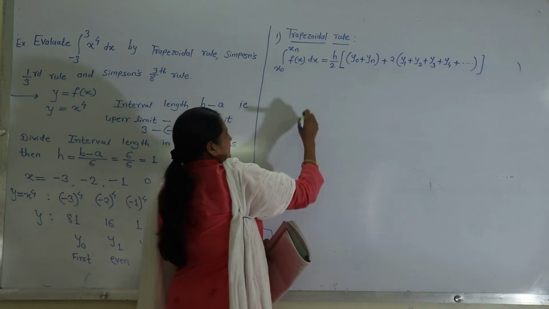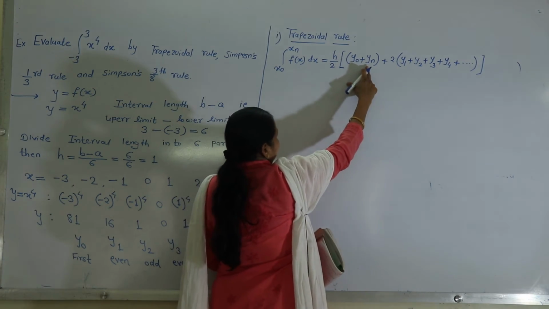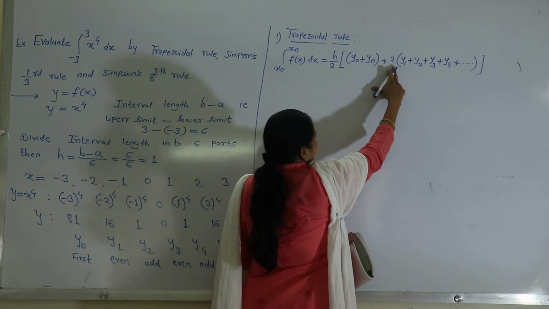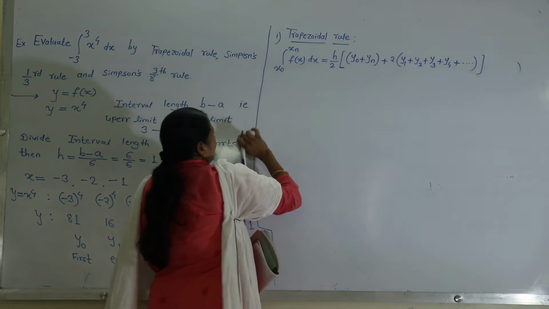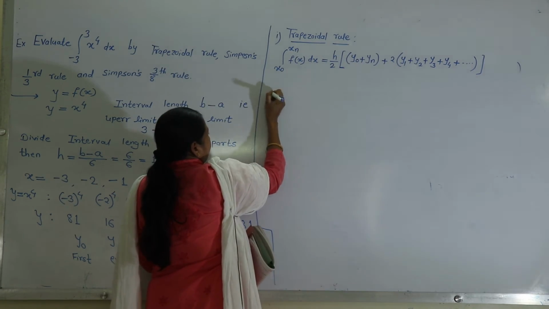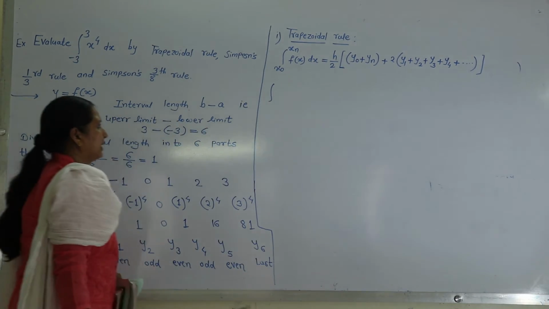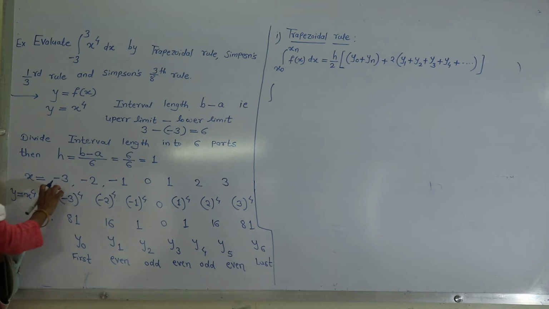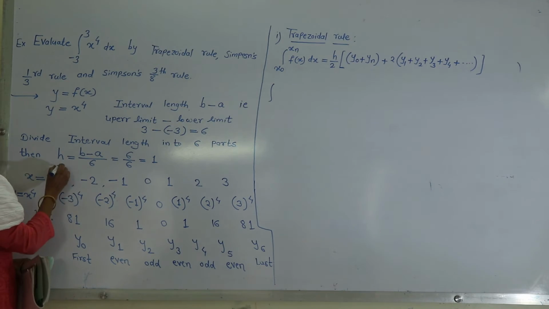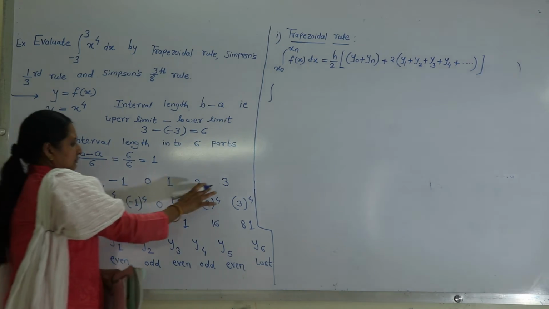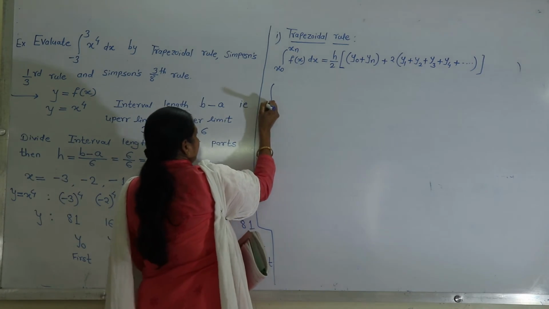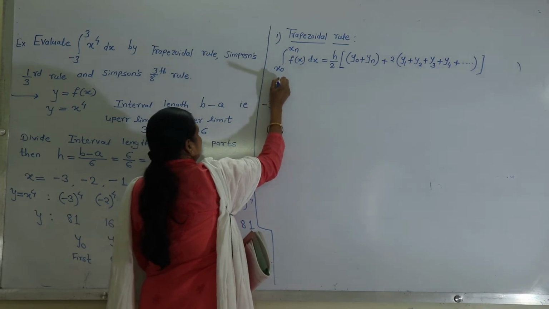Now we have to remember this as first plus last ordinate, plus 2 times the remaining ordinates, and h by 2 value. Now x0 means the first value of x, that is the limit. This is x0 and the last is xn, means -3 to +3.